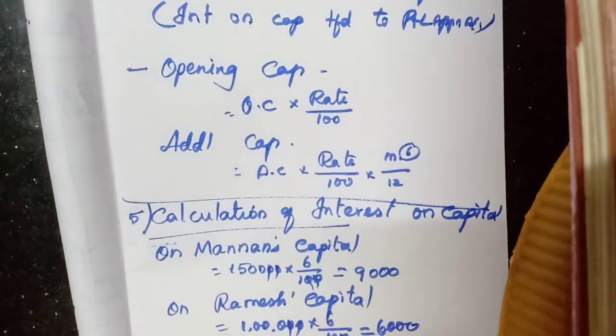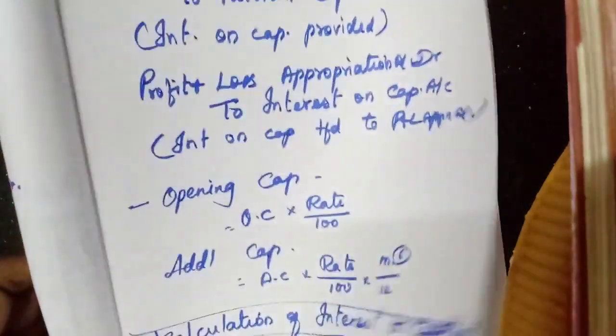Okay, now we will prepare the journal entries they have asked. So we will show the journal entries. For the journal entries, we have to write the heading. Okay, journal entries.